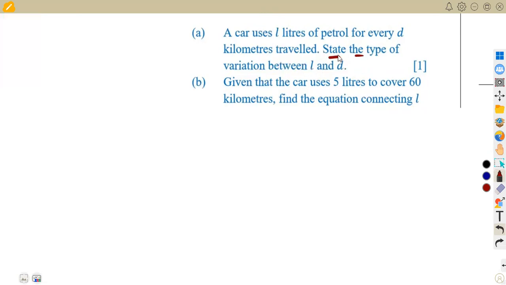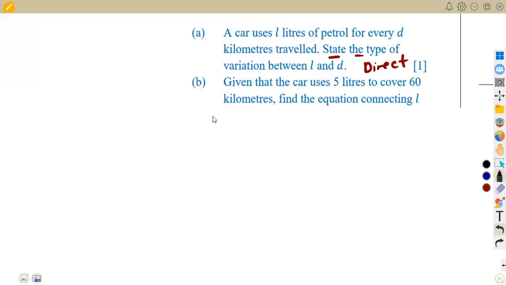That's a direct variation. Remember, direct variation is whereby the two are increasing at the same rate, dealing with two variables, the petrol and the distance. So as you are traveling more, you are using more petrol. Inverse variation is when one is increasing, another one is decreasing. That is the concept that you're supposed to take note of.